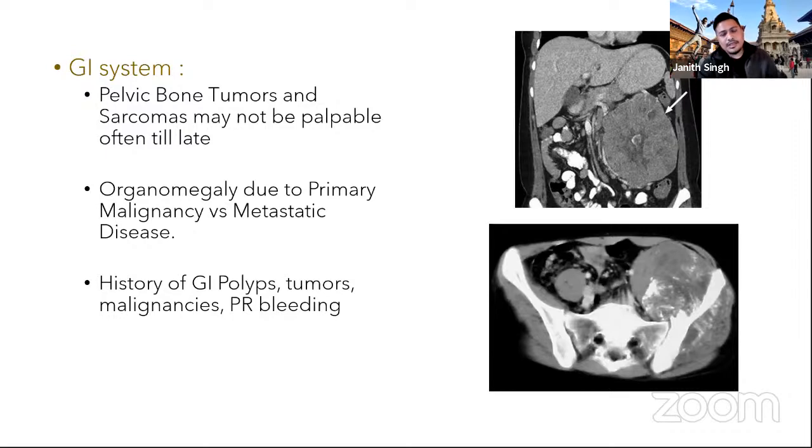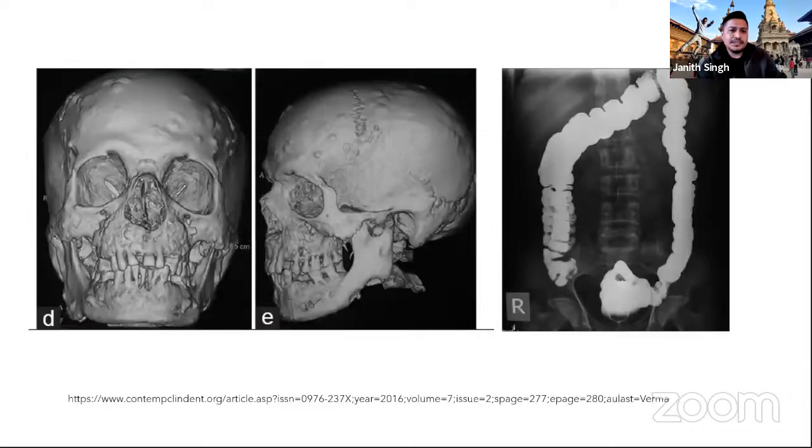You tend to see lesions that are very lytic and very aggressive looking. And if you do a CT scan, the RCC shows up. And if there's a history of GI polyps or tumors or malignancy or PR bleeding, that can also indicate a metastatic disease.